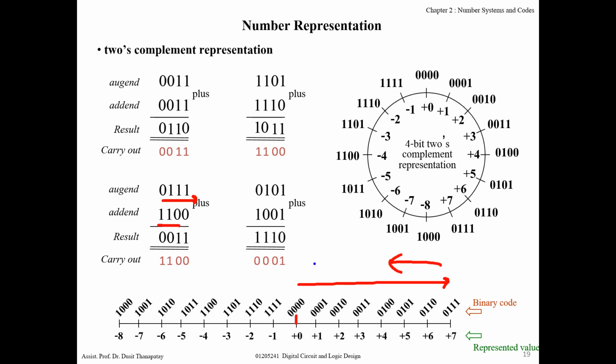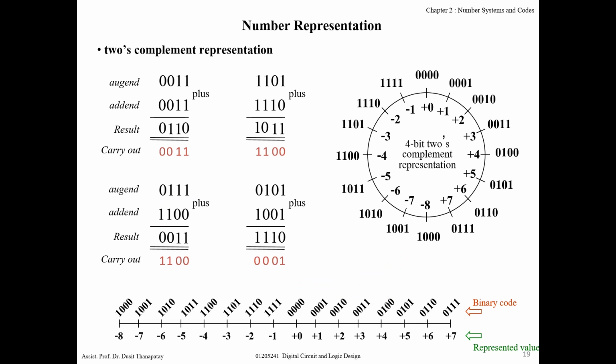That means when you do the addition, the magnitude of the result is always less than the maximum magnitude between the two numbers that you add. The magnitude always decreases when you do addition between positive and negative numbers. Then overflow cannot occur when you do addition between different signed numbers. Okay, this is the point.